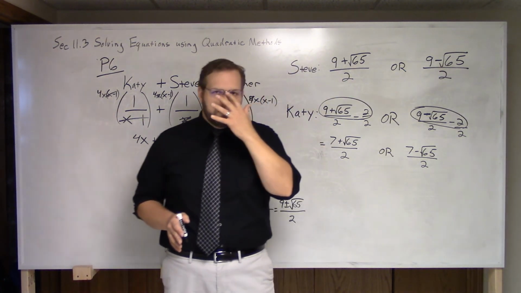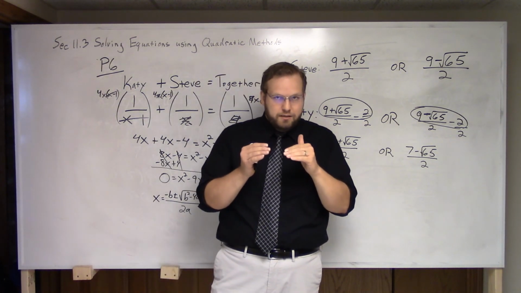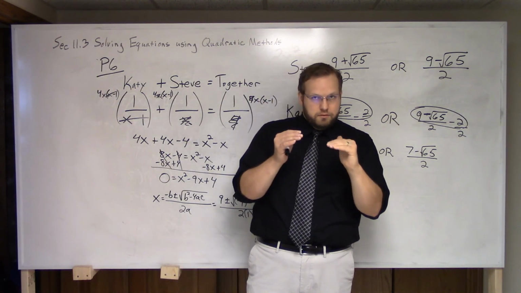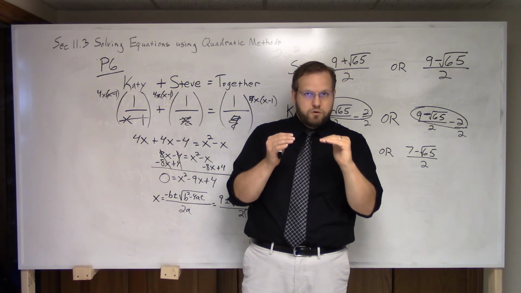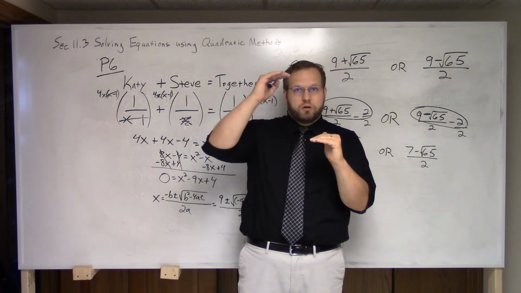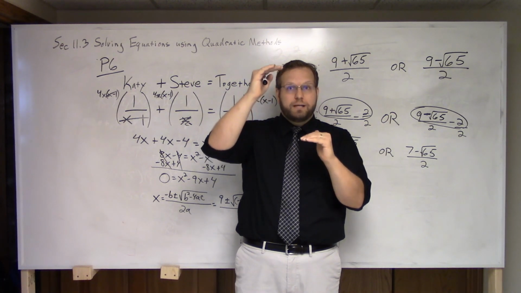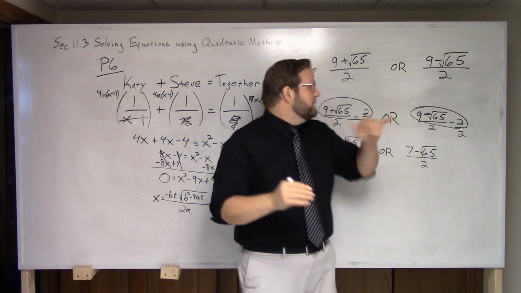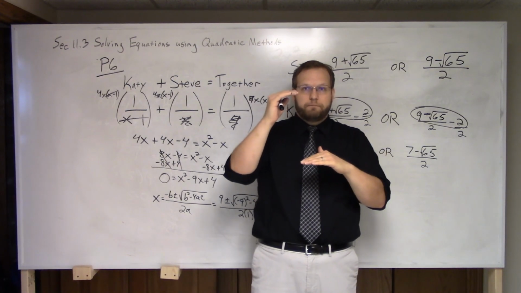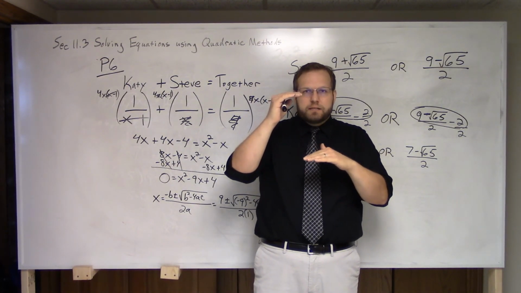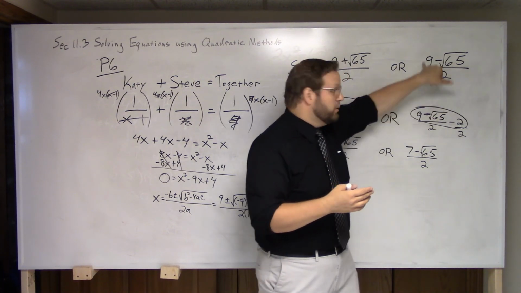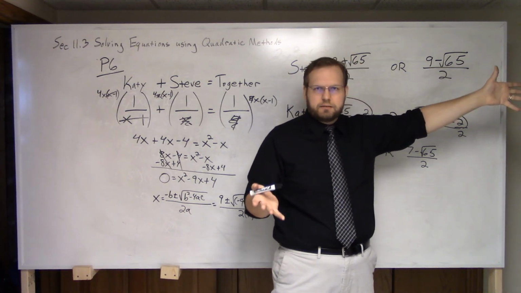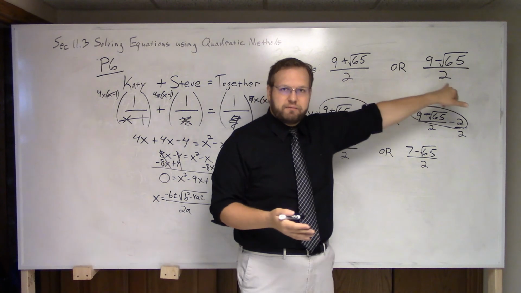Okay? Square root of 65 is in between what? Square root of 64, right? Square root of 64 is 8. Square root of 81 is 9. So it's going to be 8 point something, right? Because it's between 64 and 81. So it's going to be 8 point something. If we go 9 minus 8 point something, this is still positive, isn't it? That's a problem because now we have two positive answers.